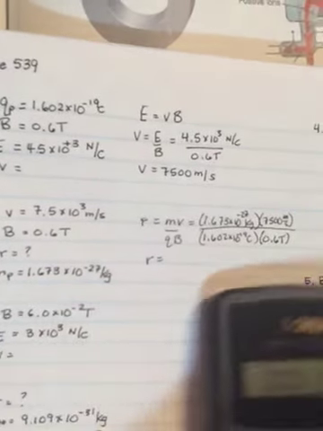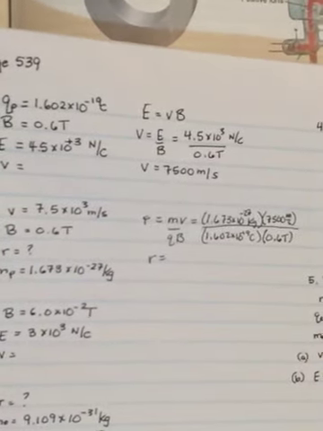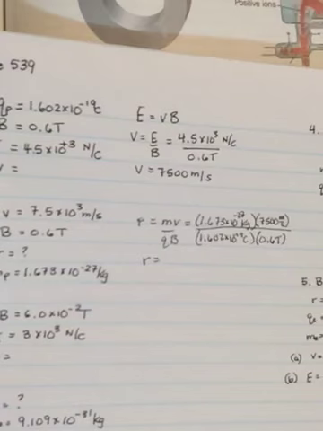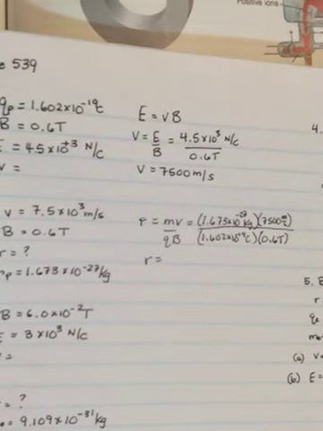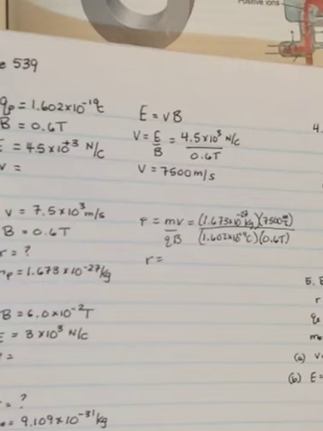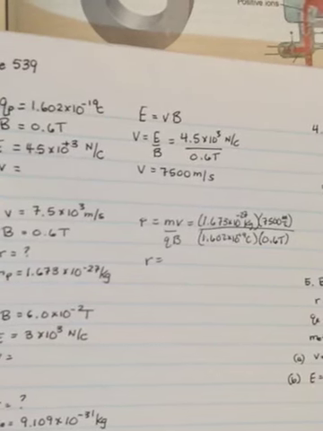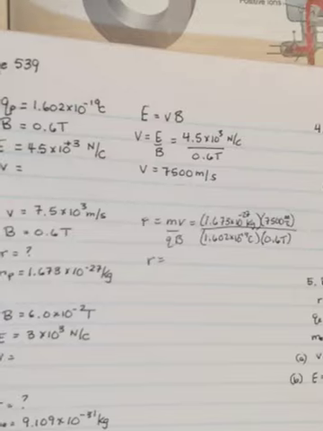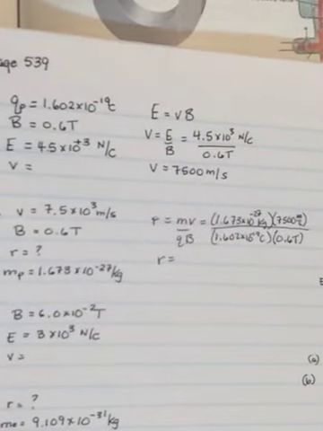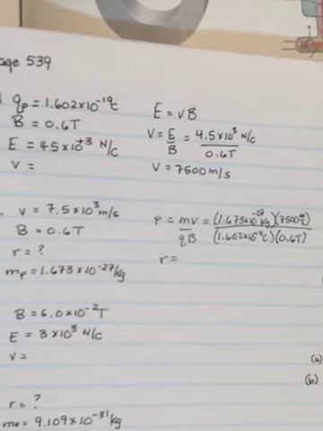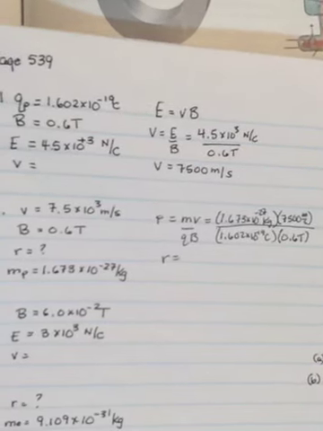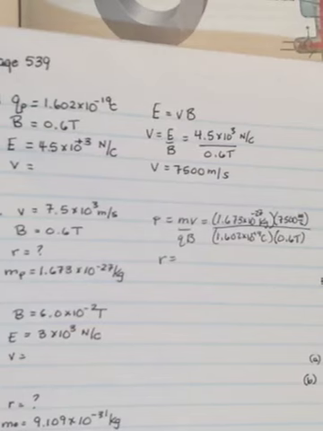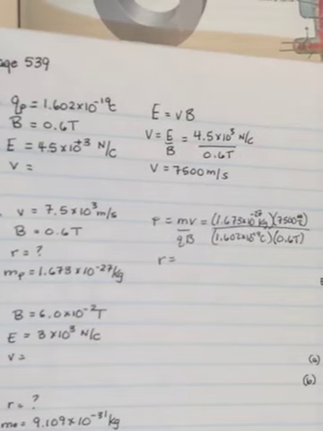I don't know that I trust this because I screwed up typing it in, but it might be 1.3054 times 10 to the negative 4, so I'm going to check it again. 1.673 to the negative 27 times 7,500 divided by 1.602 to the negative 19, and then by 0.6.